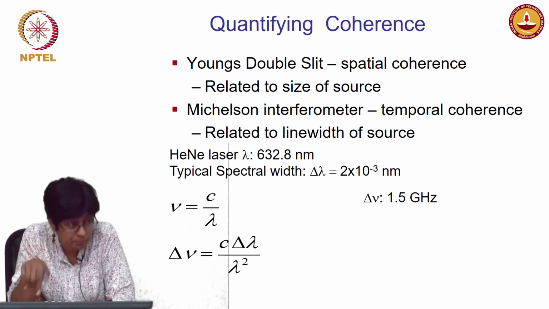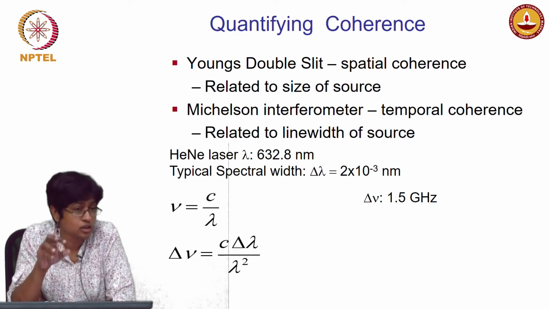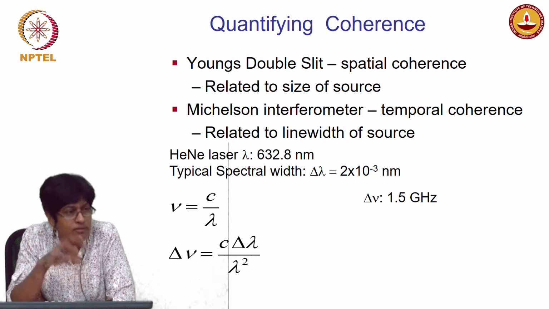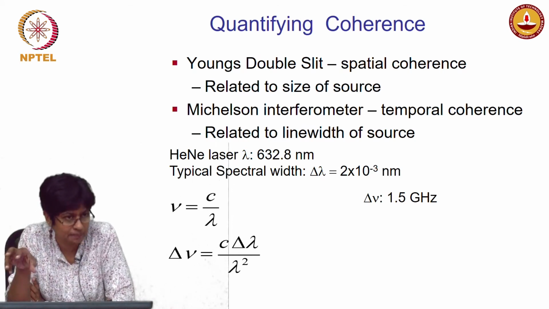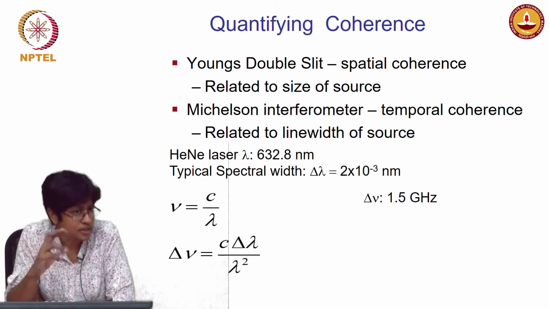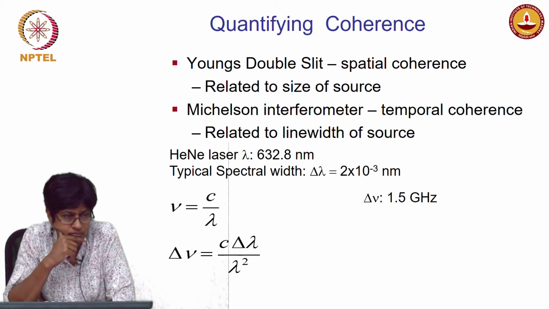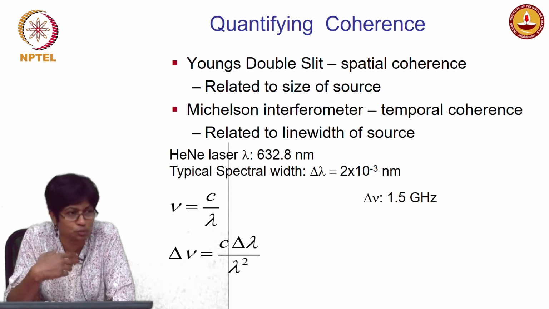For temporal coherence, it's a correlation of the field at some time with the field at a later time. I want to know how long it stays correlated. So what do you think this delta nu relates to? I have almost given you the answer. You just have to paraphrase what I've said and give it back to me.